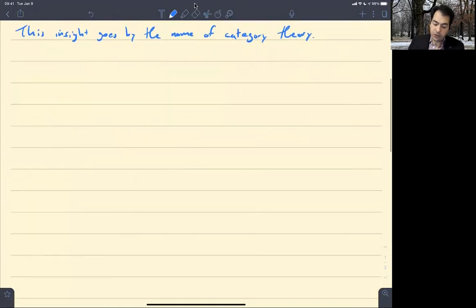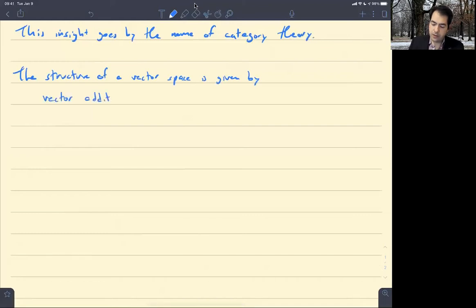So in our particular case, the structure of a vector space is given by vector addition and scalar multiplication. So we're interested in the maps between vector spaces that preserve this structure.